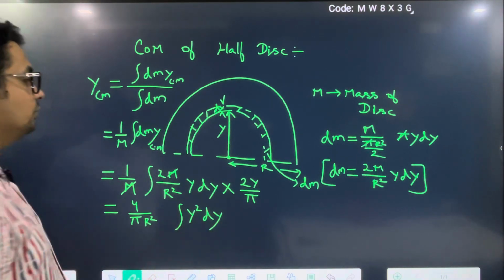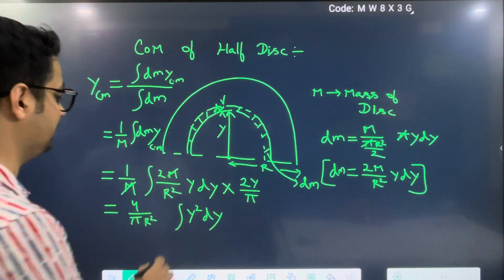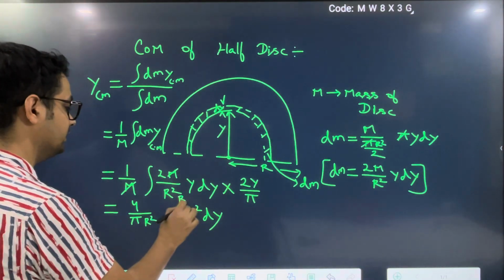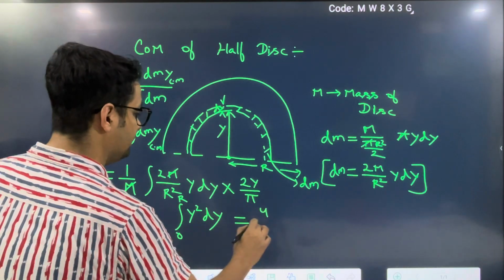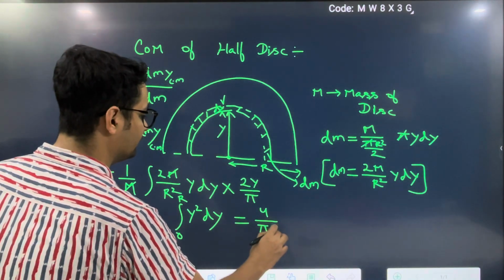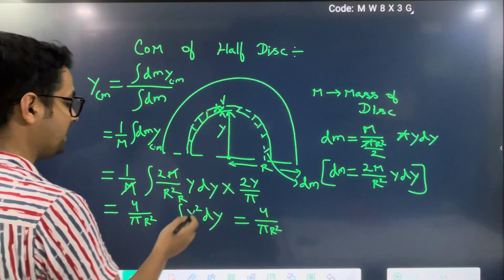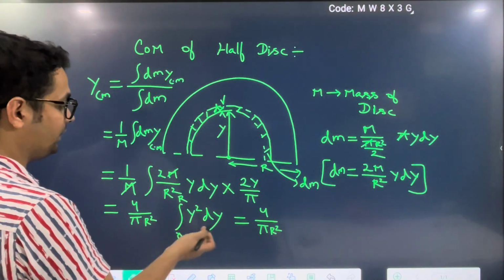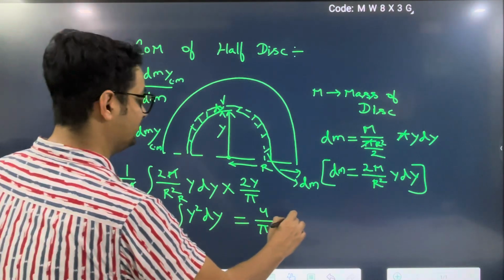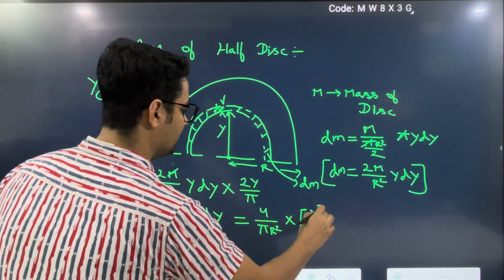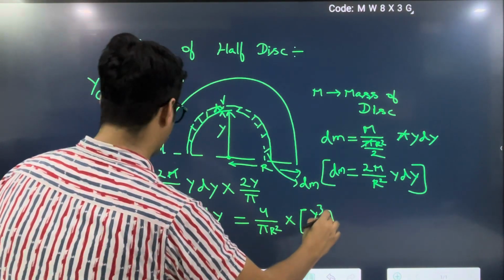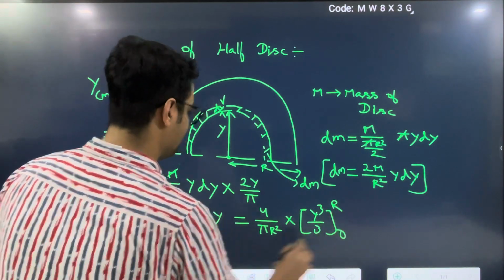The y changes from 0 to r, so we integrate from 0 to r. It can be written as 4 by pi r square into y cube by 3, with upper limit r and lower limit 0.